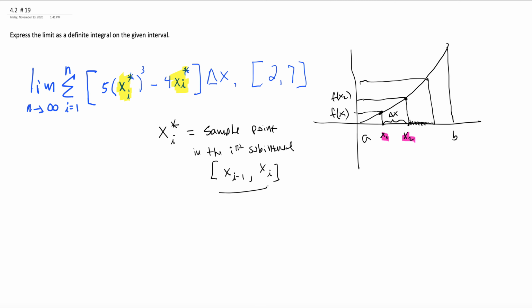And all this means is any interval, like that's the left side of a rectangle, and that's the right side of the rectangle. So here's one side, and the other side is right here. And x sub i star is just any value in there, not necessarily an endpoint value.